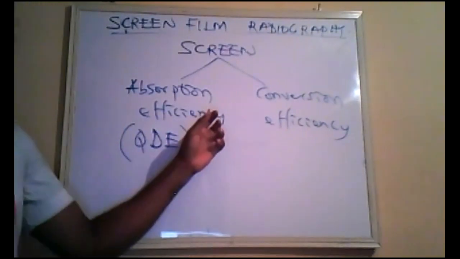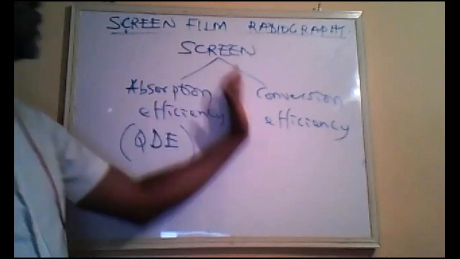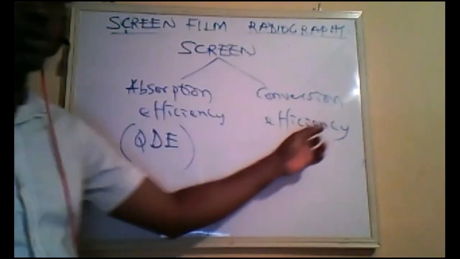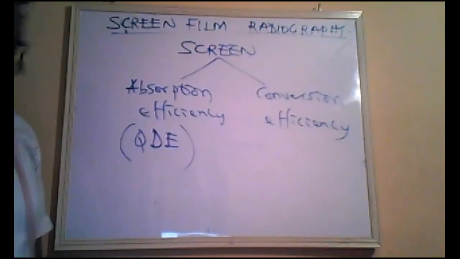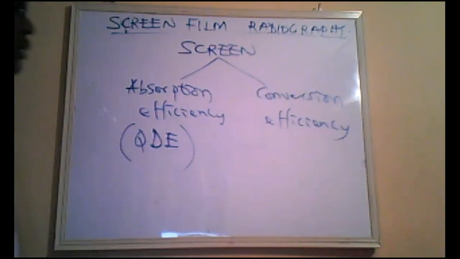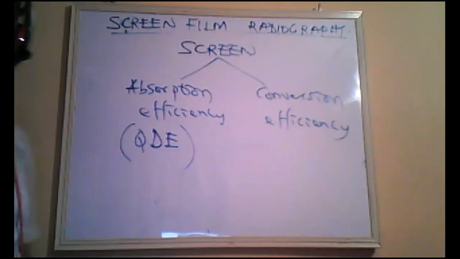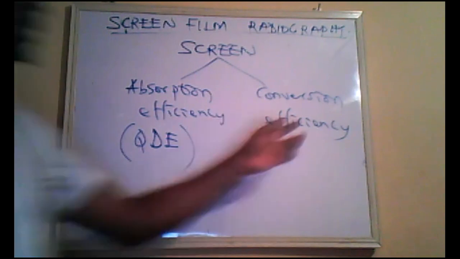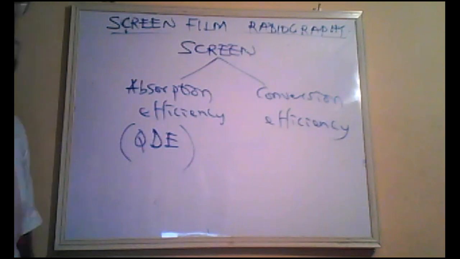How well does it absorb the X-ray photon, and how well does it convert the X-ray photon to light photon? So we are going to grade a screen through these two terms. How well does it absorb the quantum rays of the X-ray, and secondly, how well can it convert the X-ray into light rays?